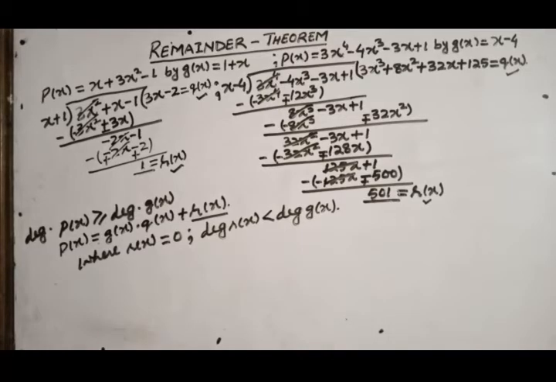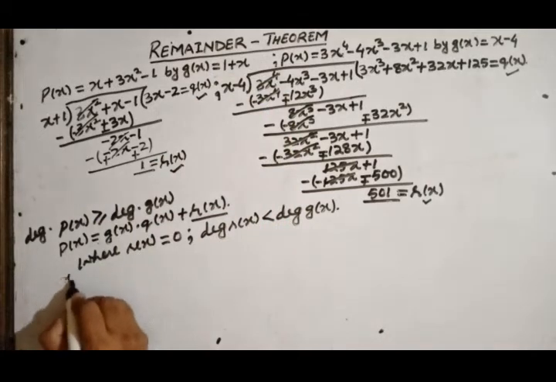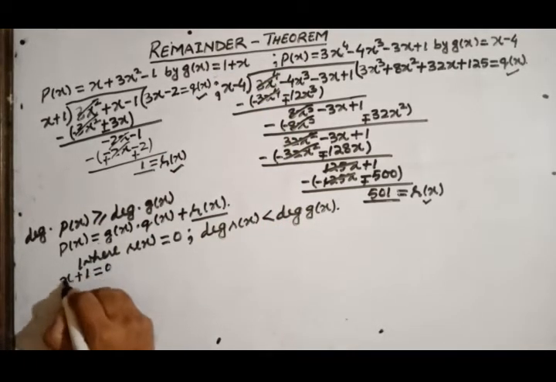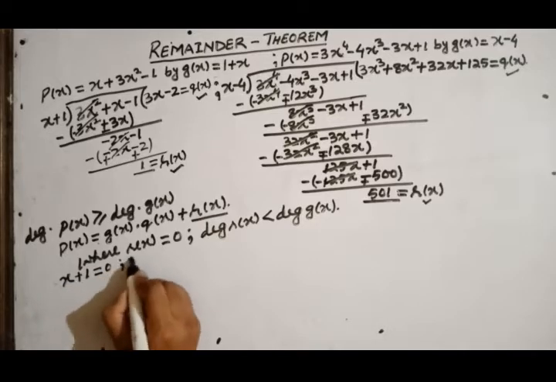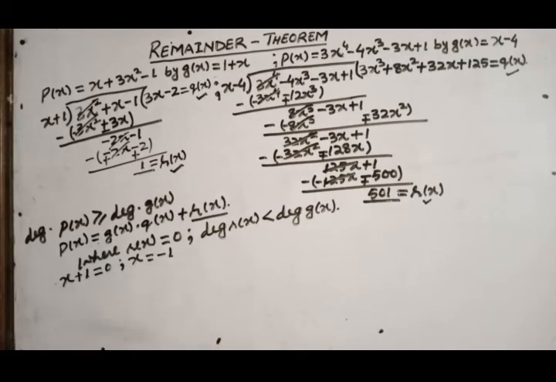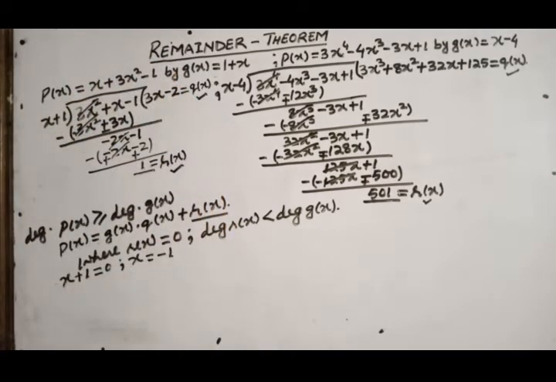According to that shortcut method, we have to equate the divisor to 0 at first. So this x plus 1 we have to equate to 0, for which x is minus 1. Now we calculate the value of this polynomial p(x) at x equal to minus 1.